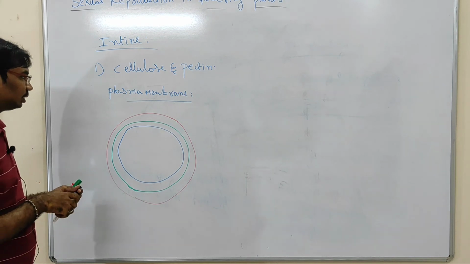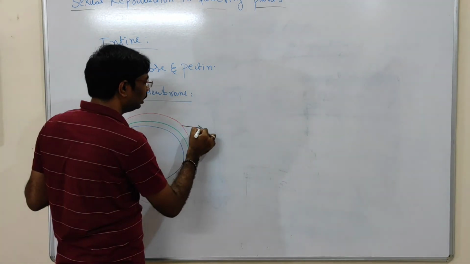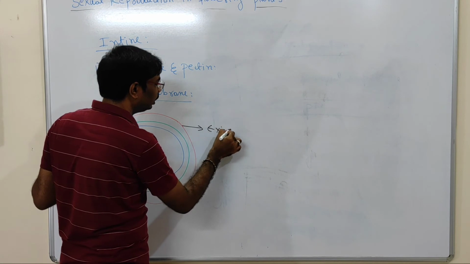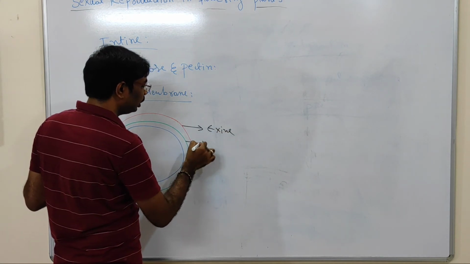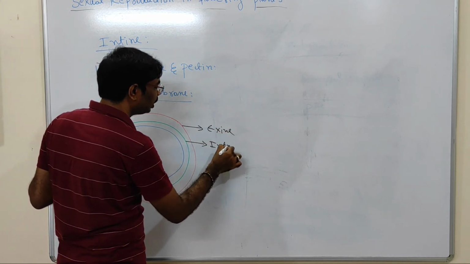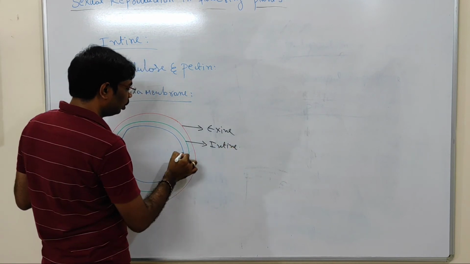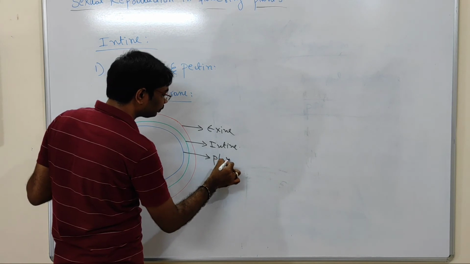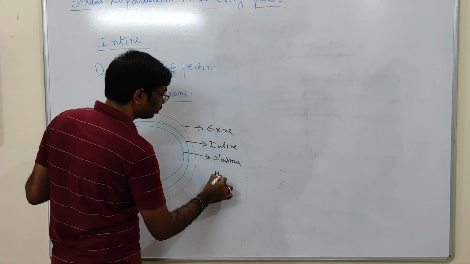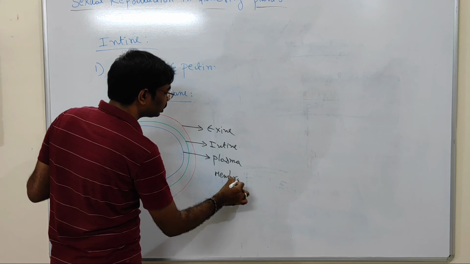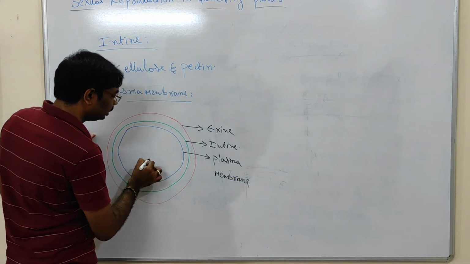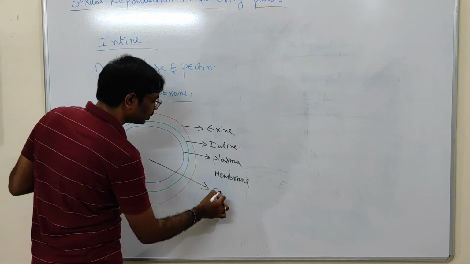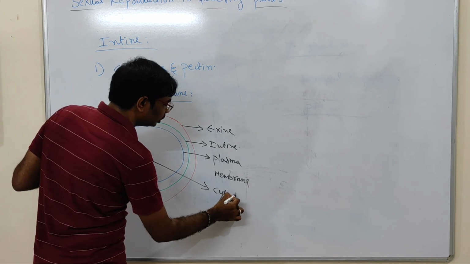I will label these layers. The outside layer is called exine, made by sporopollenin. The next layer is called intine, made by cellulose and pectin. Beneath this is the plasma membrane, and after the plasma membrane is the cytoplasm.